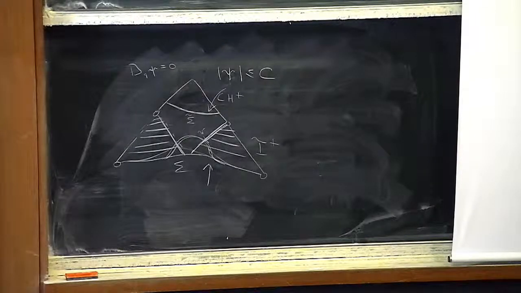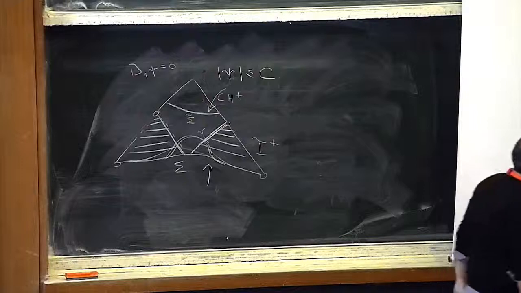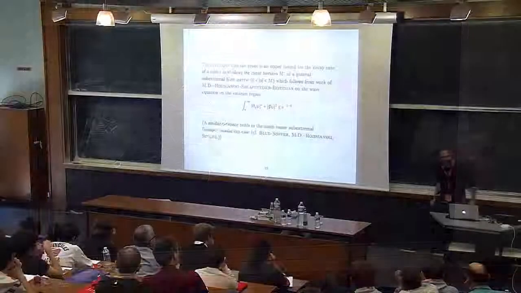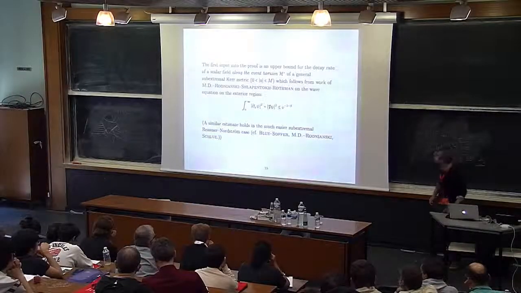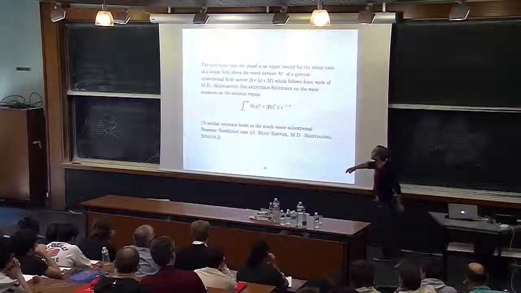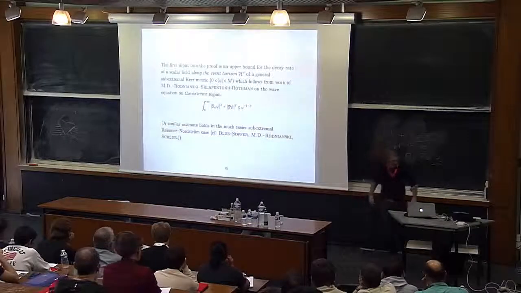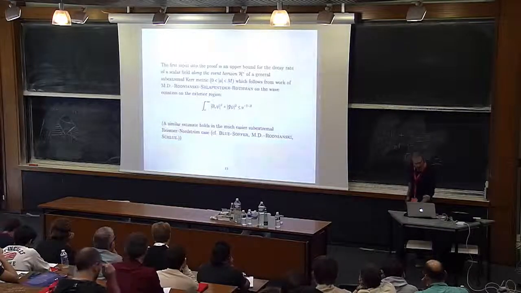So you need just a little more than 1. Actually, in the Reissner-Nordström case, this result is also known in the full sub-extremal range. You can obtain it from things in the literature by putting together some old work of Blue and Sterbenz and the other things which are written here.